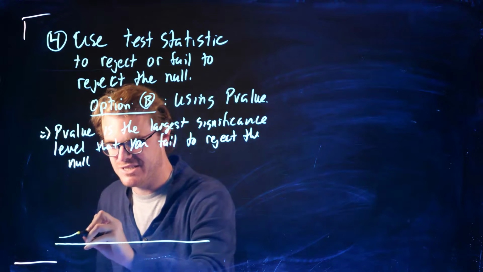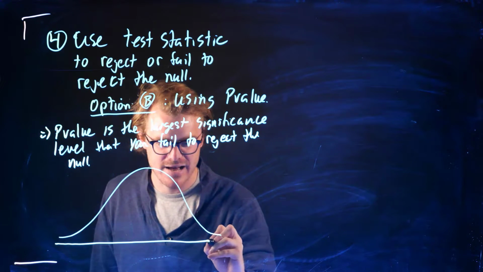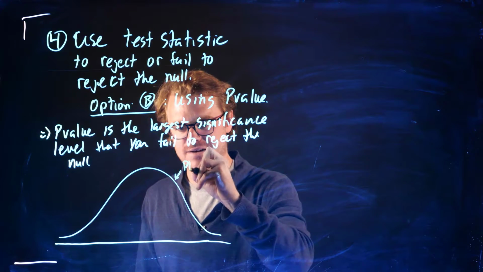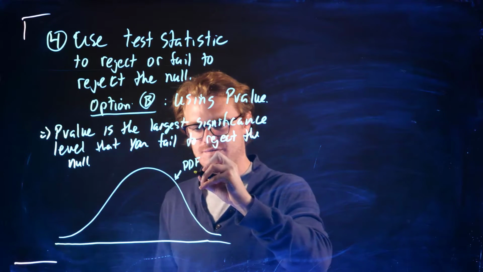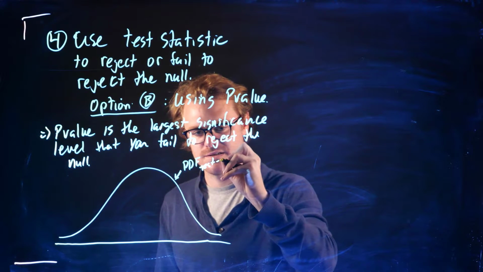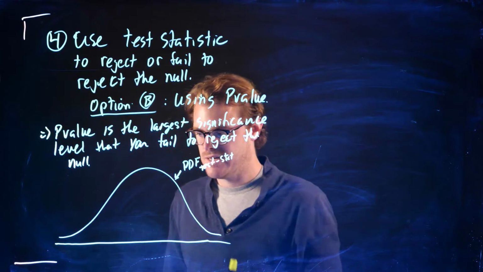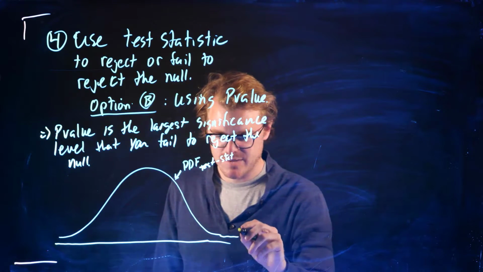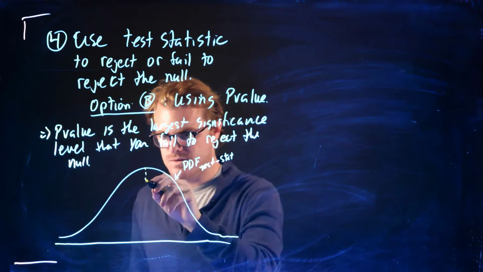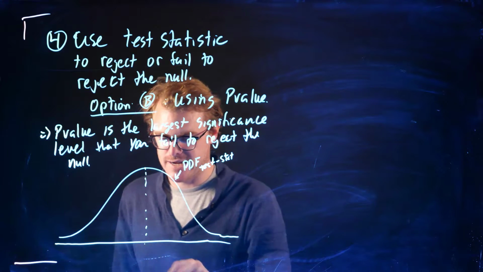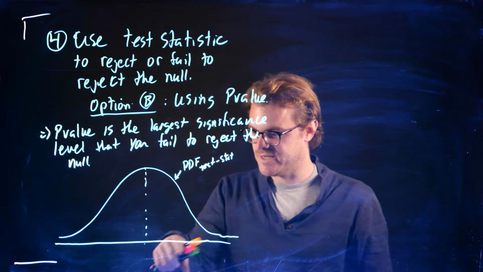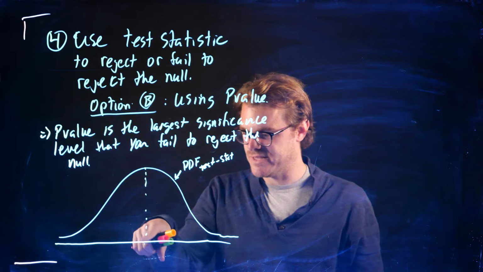So again, we have this distribution, the PDF of our test statistic. We're going to end up centering our test statistic. So this is our test statistic, assuming the null is true.